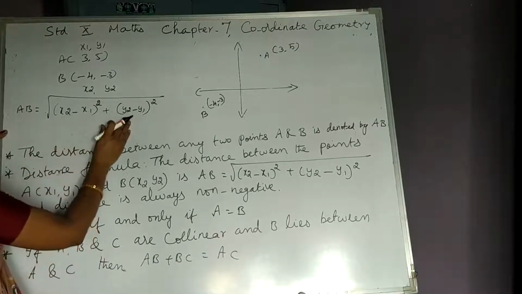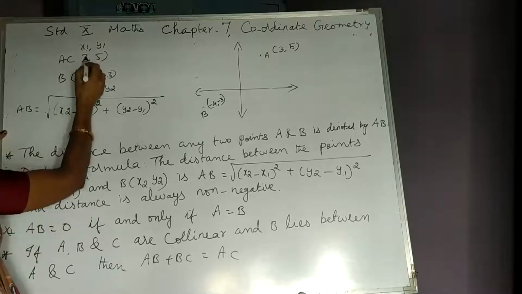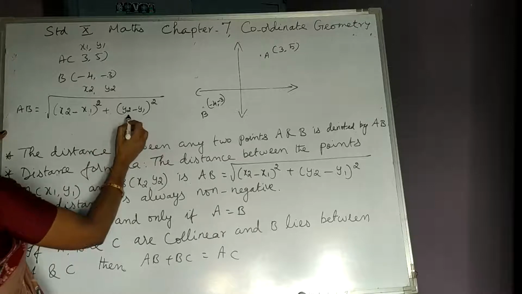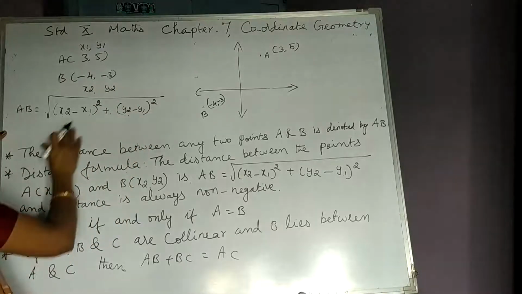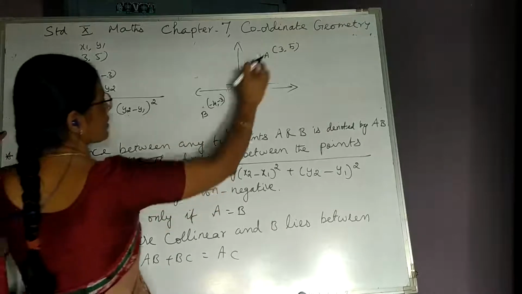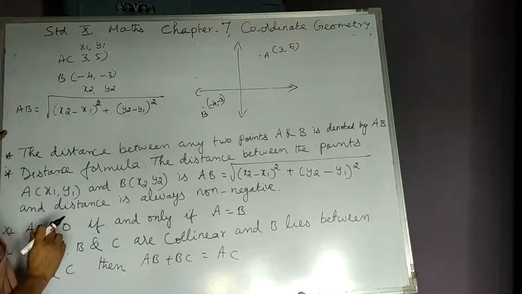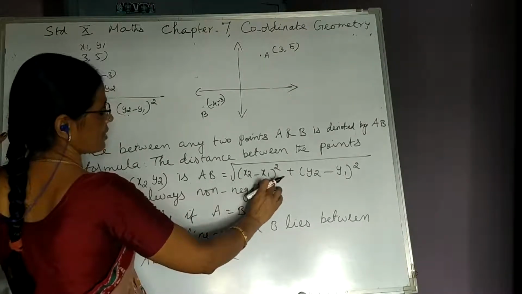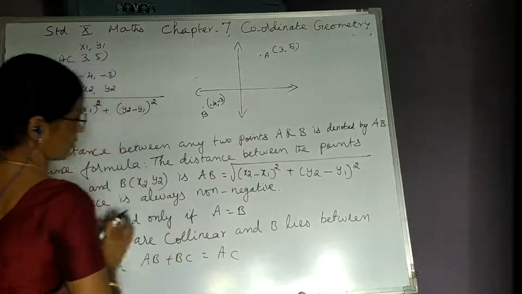So in this formula, we can substitute x2 by -4, x1 by 3, its whole square, plus y2 is -3 minus y1 is 5, whole square. If we calculate this, we will get the distance between these two points. So we should remember the distance formula is the square root of x2 minus x1 the whole square plus y2 minus y1 the whole square.